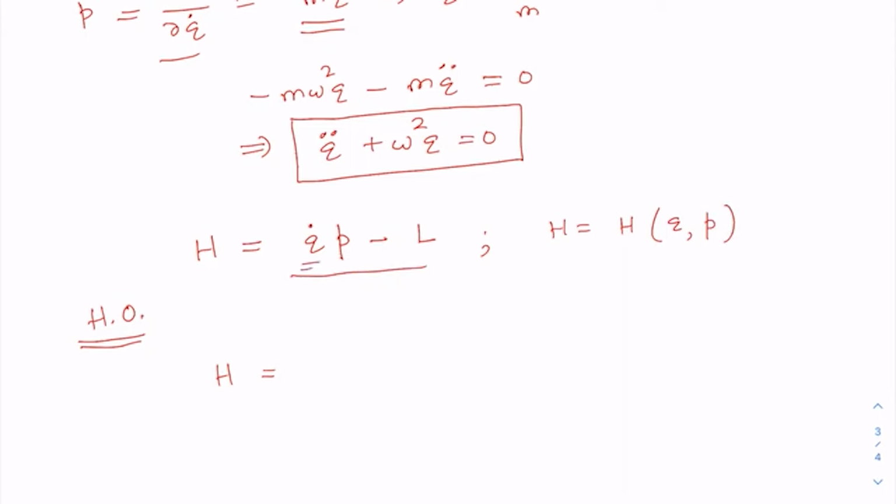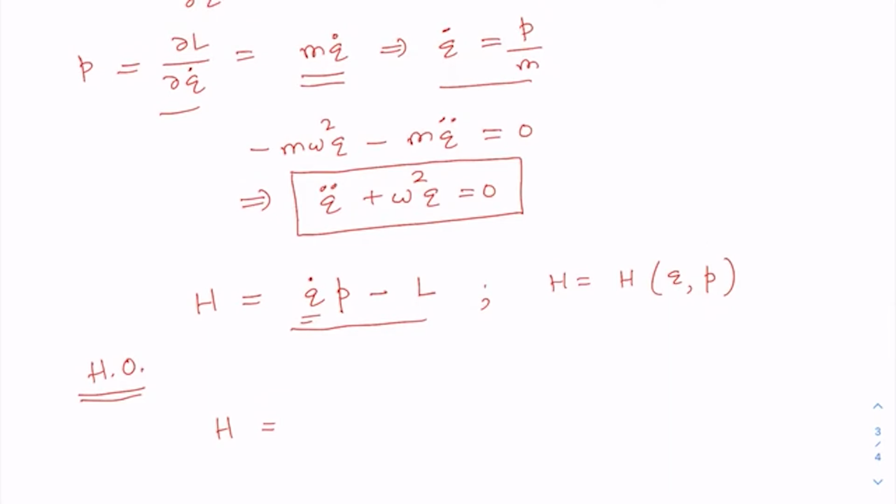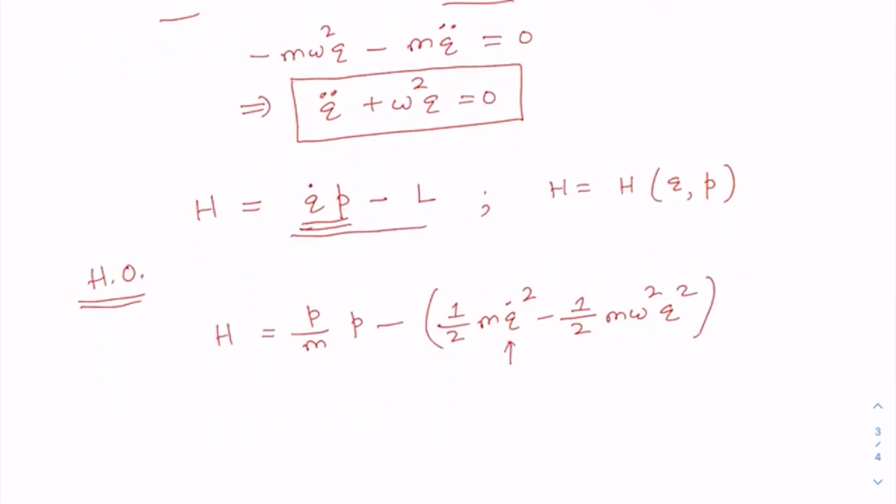So I need to get rid of this q dot. Here I know that q dot I can write as p by m, so I have p by m times p. Then the Lagrangian is half m q dot square minus half m omega square q square, but again I have to replace q dot by p by m.